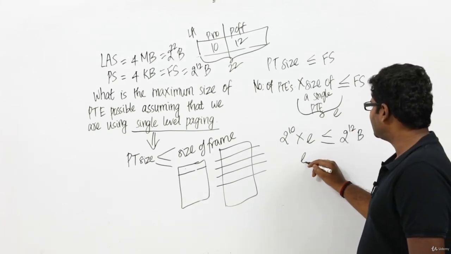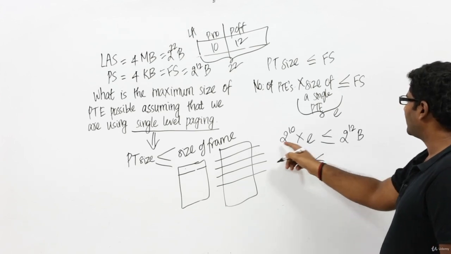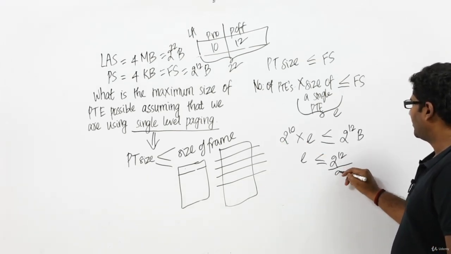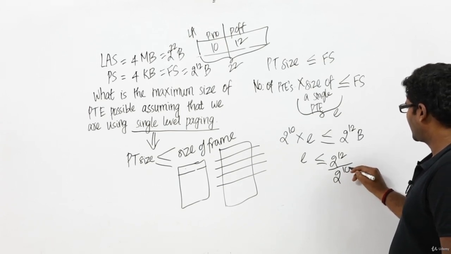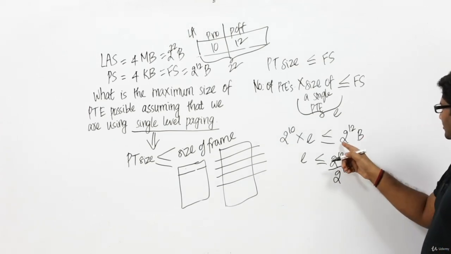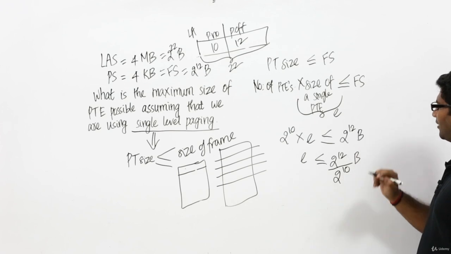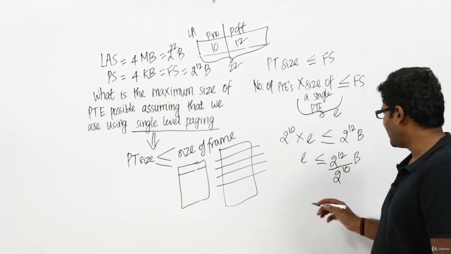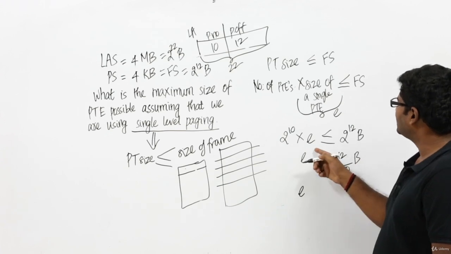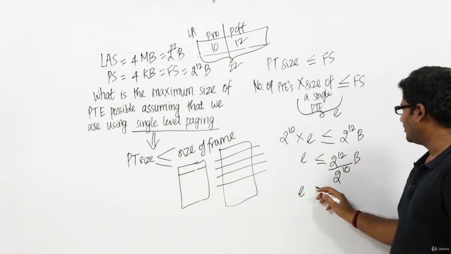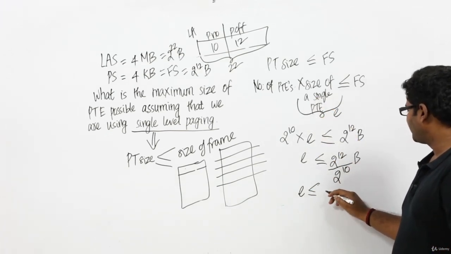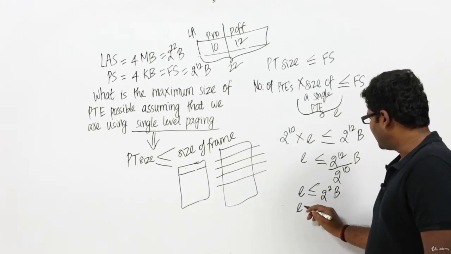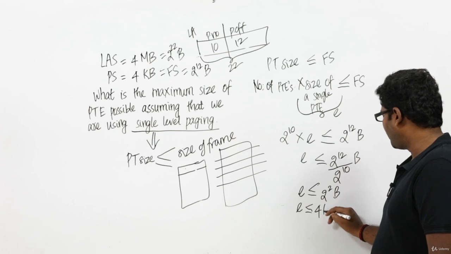So E is less than or equal to 2 power 12 divided by 2 power 10, bringing the 2 power 10 down. The bytes will remain. 2 power 12 divided by 2 power 10 is nothing but 2 square. So E, the size of a single page table entry, should be less than or equal to 2 square bytes, which means E should be less than or equal to 4 bytes.